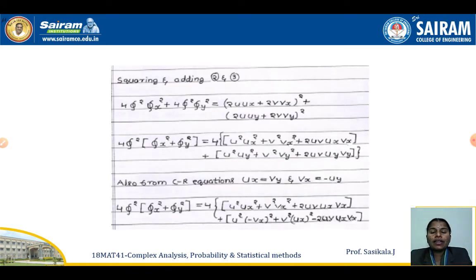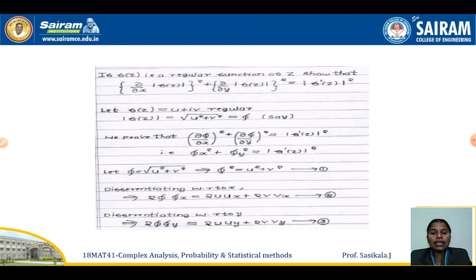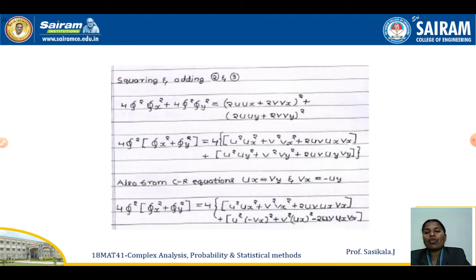Then, squaring equations 2 and 3 and adding, I'll get 4 phi square phi x square plus 4 phi square phi y square, which is equal to 2u ux plus 2v vx the whole square plus 2u uy plus 2v vy the whole square.